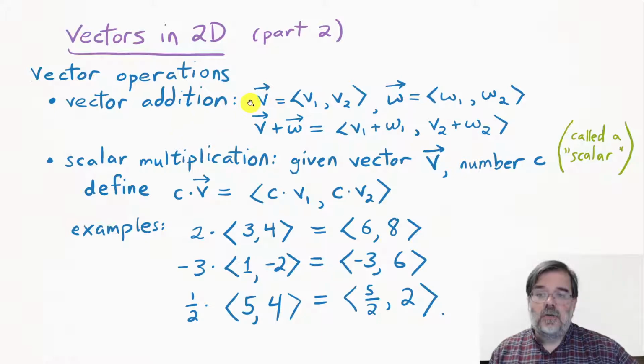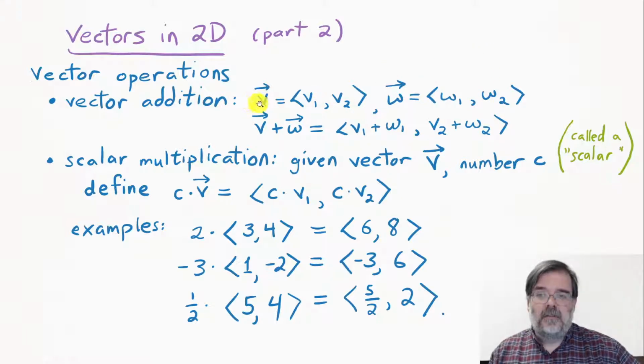So given two vectors, v and w, remember, we write vectors with lowercase letters and an arrow above it, and we use angle brackets to distinguish vectors from points, and we often use subscripts so we don't run out of letters.